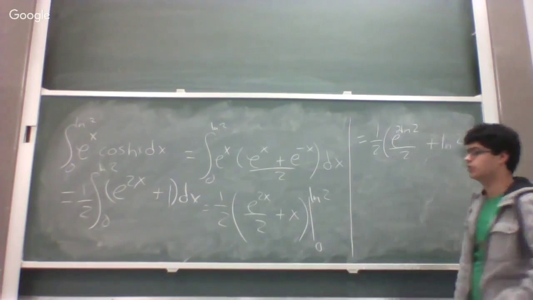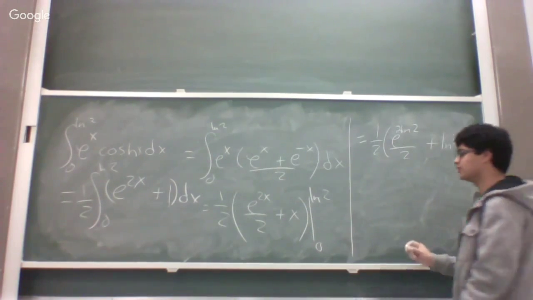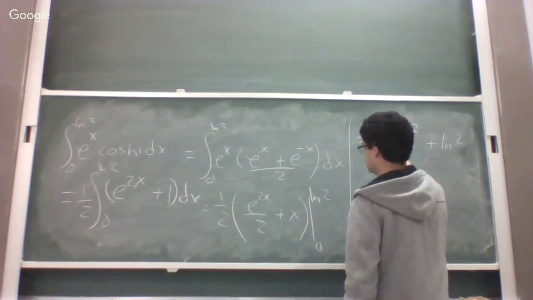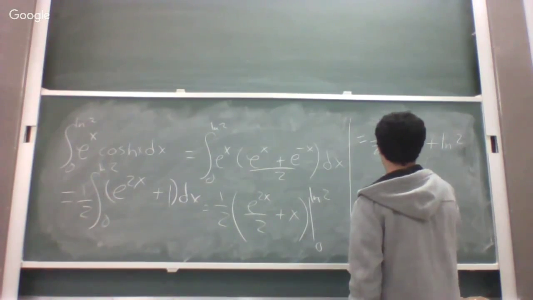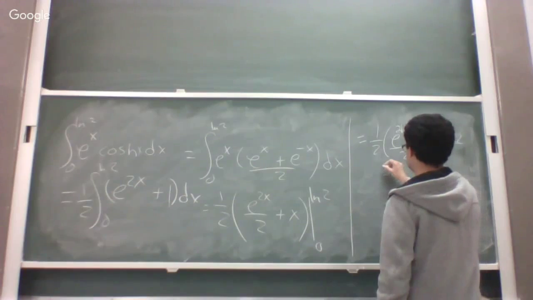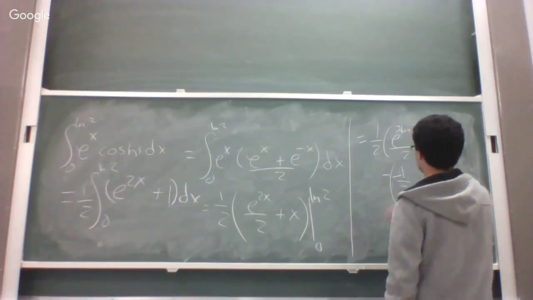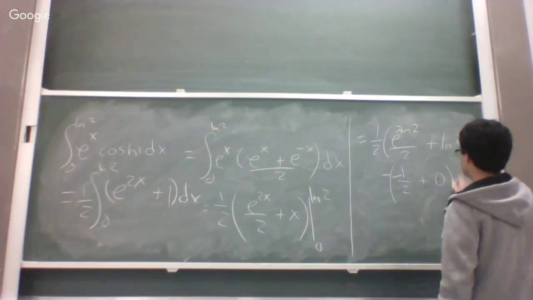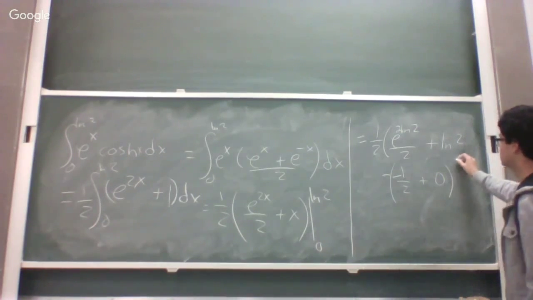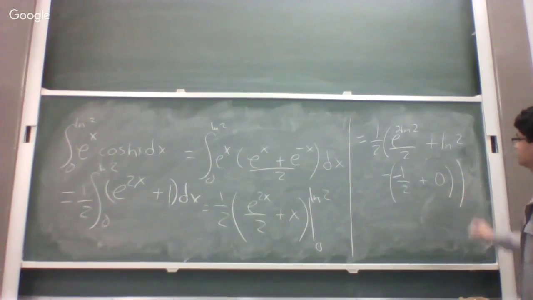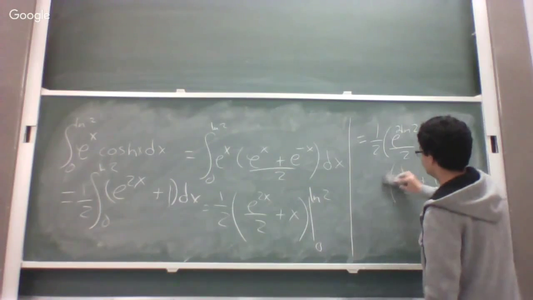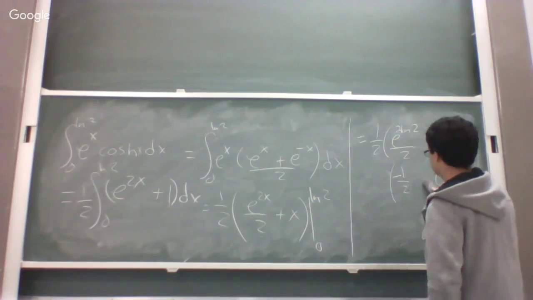e to the 0 is 1, remember, it doesn't go away. So we have minus 1/2, still plus, sorry, it'd be minus a minus 1/2 plus 0. Wait, you said e to the 0 is 1. Yeah, sorry, I said that before.